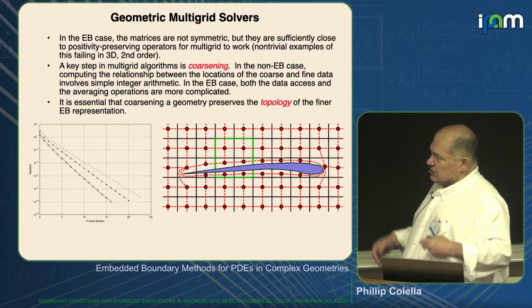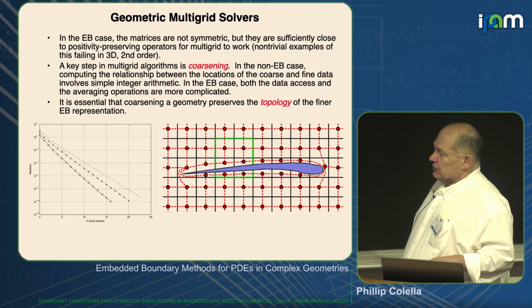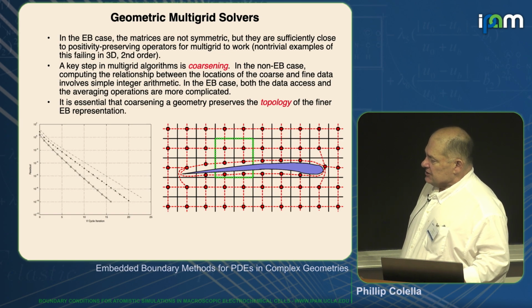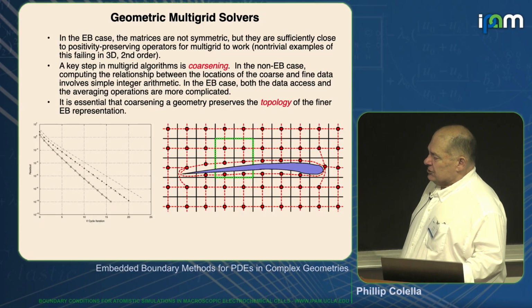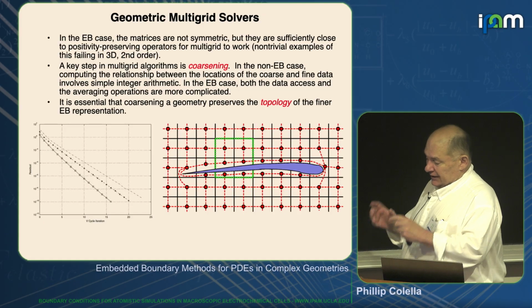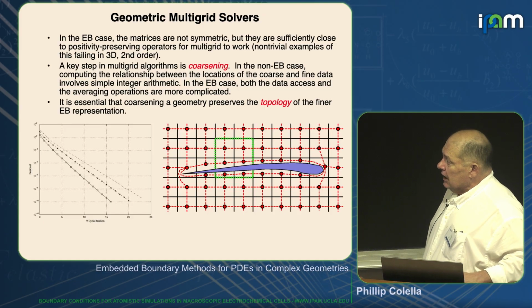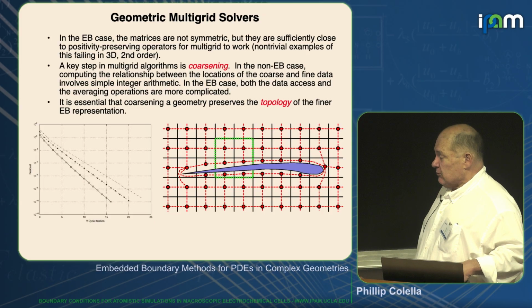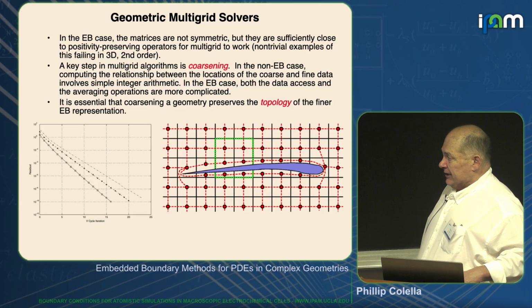In the non-EB mesh, that's just geometrically coarsening. For finite volume meshes, you say, okay, take some collection, 2 by 2 or 2 by 2 by 2, of cells, and you coarsen it by turning that into one control volume. And that's not what happens, and it can't be what happens in the embedded boundary case. This little cartoon illustrates why.